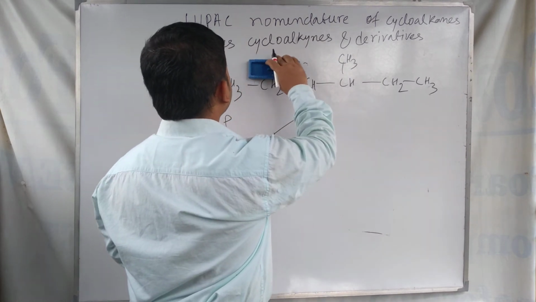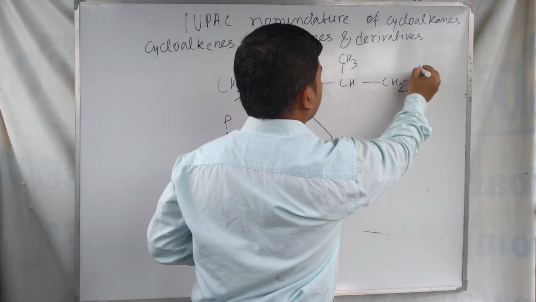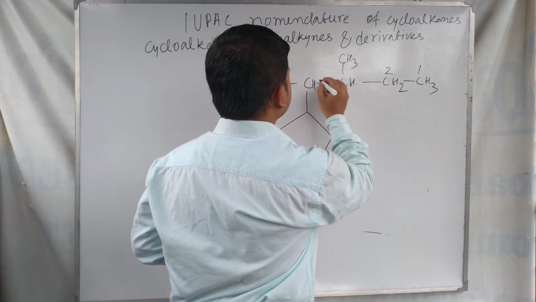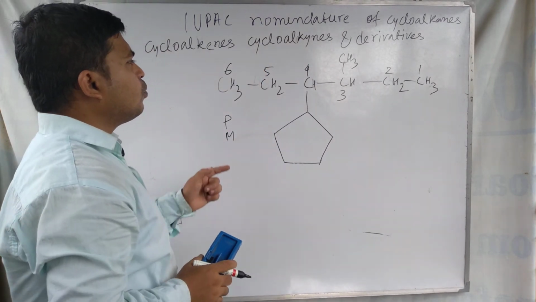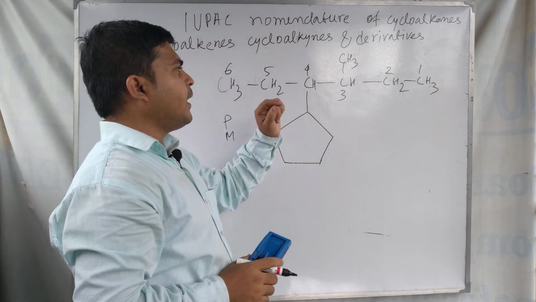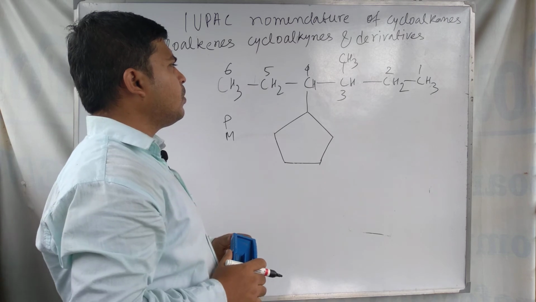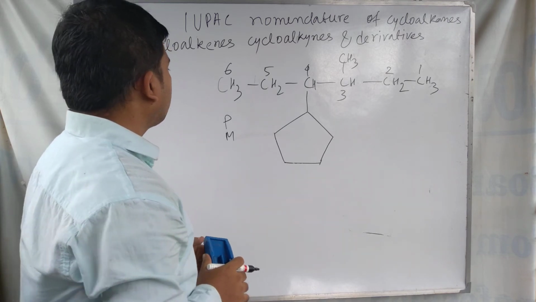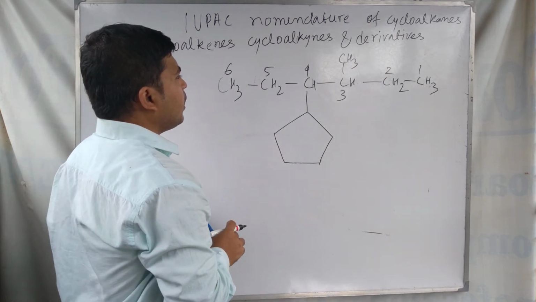So that time you have to number from this side. Two substituents are present, one is cyclopentyl and another is methyl. So for this compound we have to write the IUPAC name.